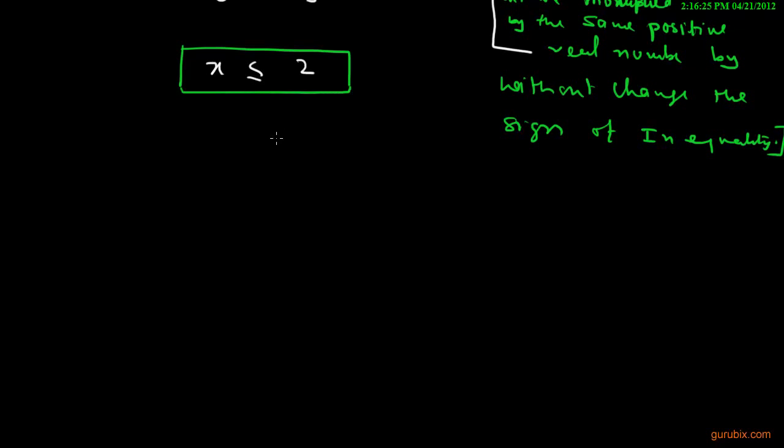And this is the solution of the given inequality, and we can represent it actually by using a number line. Suppose this is a number line and we have a point 2 on it, and because x is less than 2, all these points on this number line to negative infinity are the solution.